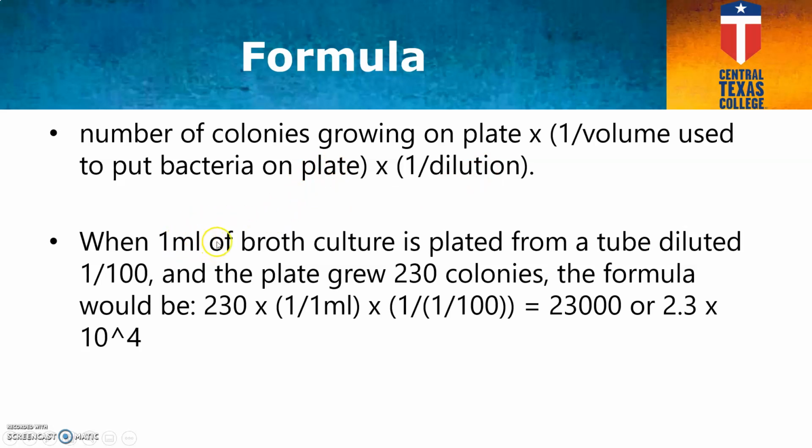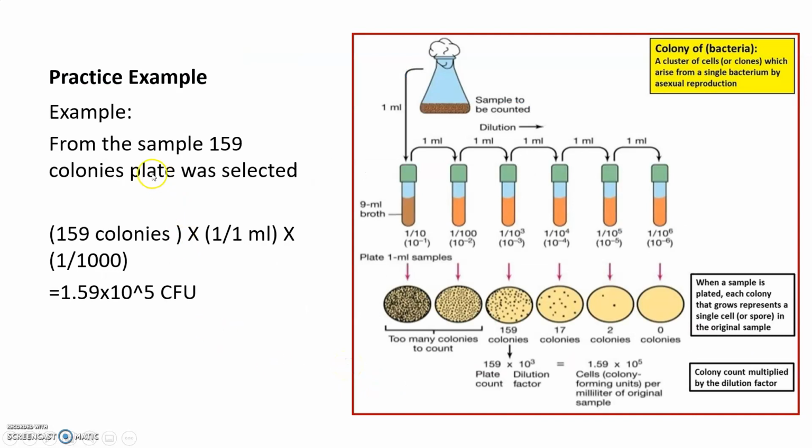When 1 milliliter of broth culture is plated from a tube diluted 1/100th and the plate grew 230 colonies, the formula would be 230 times 1 over 1 ml times 1 over this number right here, which would give you this. Most of the time you're going to want to put it in scientific notation, 2.3 times 10 to the 4th.